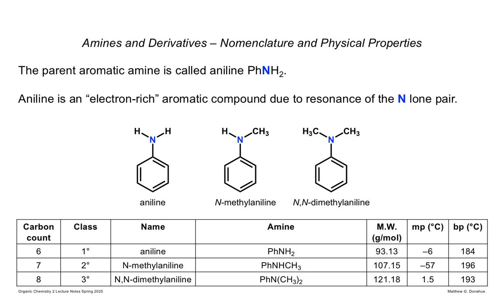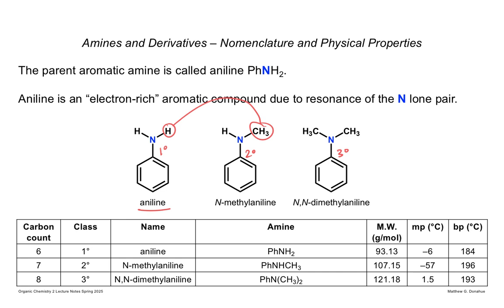So the amine group NH2, you can bond it to a benzene ring, and that compound is called aniline. And then you can substitute off of that. The nomenclature changes a little bit in terms of how they're named, but if we consider primary, secondary, tertiary, that kind of doesn't change.